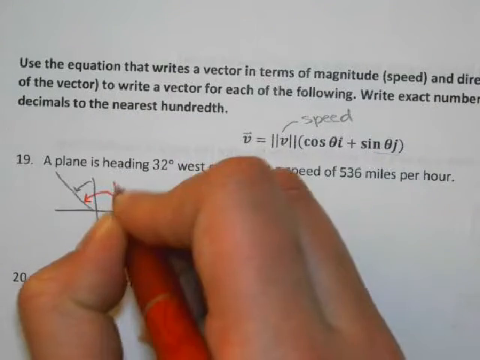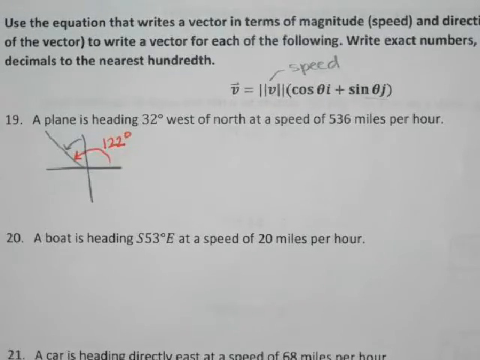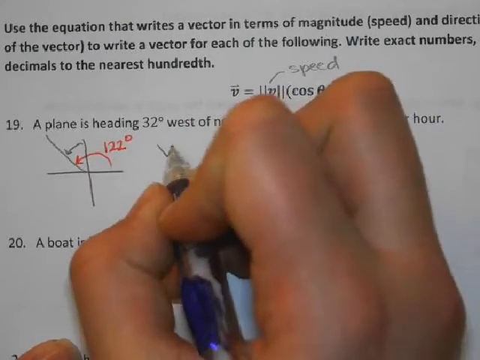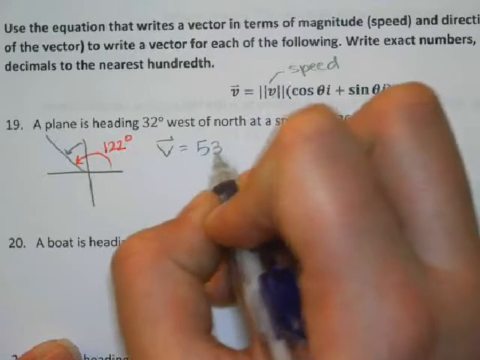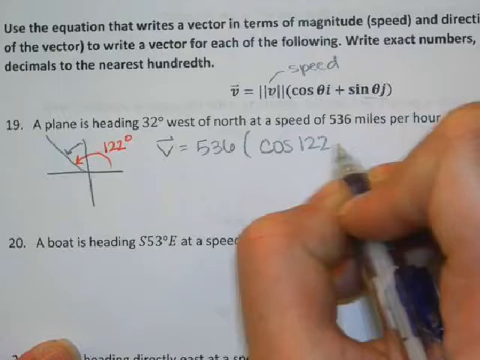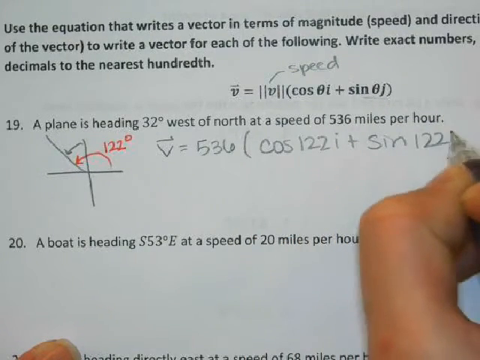All right, so we said that was a 122 degree angle from standard position. And so now if we're going to write out the vector, we're going to say vector V is 536, the magnitude, times cos of 122 I plus sine of 122 J.